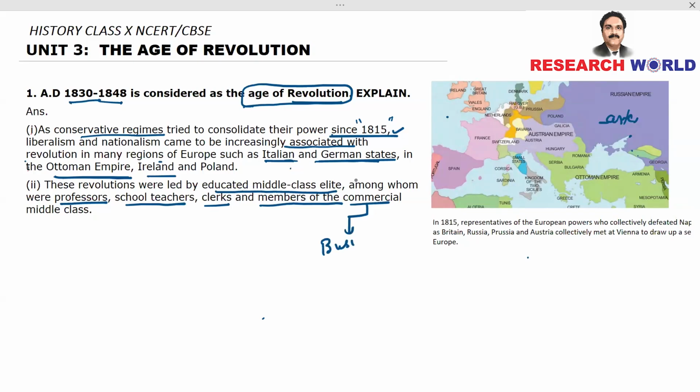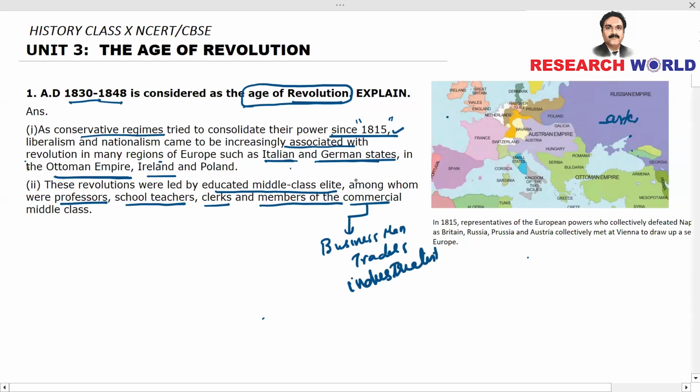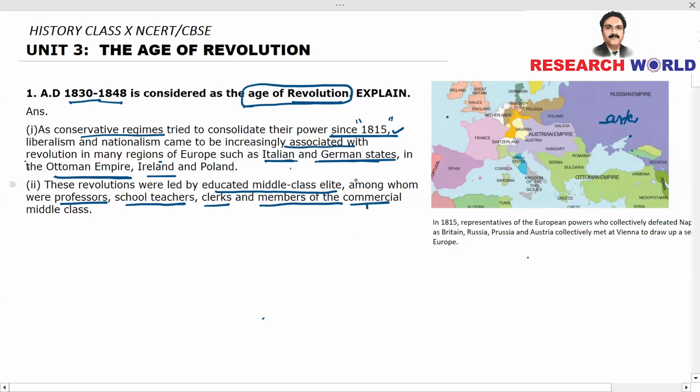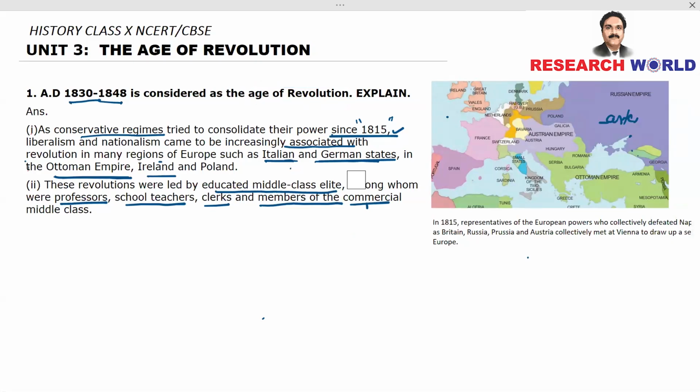Businessmen, traders, industrialists. All right, so these are examples of the commercial middle class. And so we have got the educated middle class elite, from whom this idea of revolution started spreading into different parts of Europe.